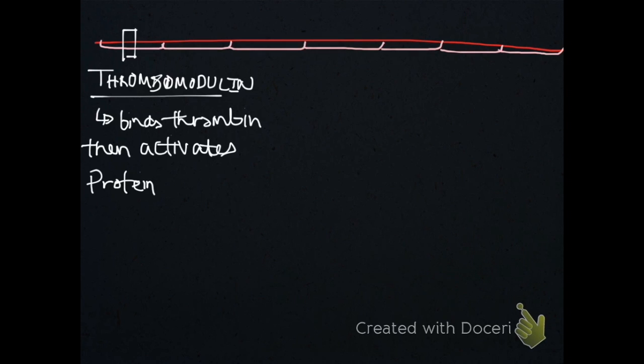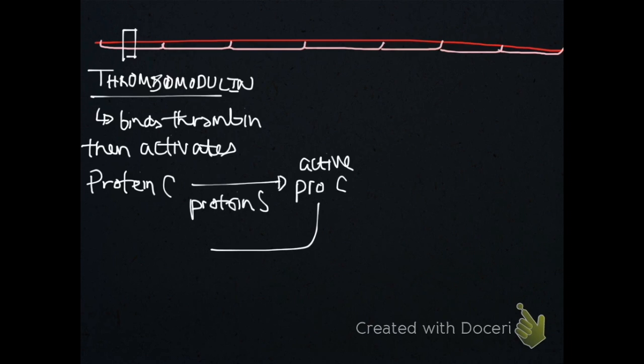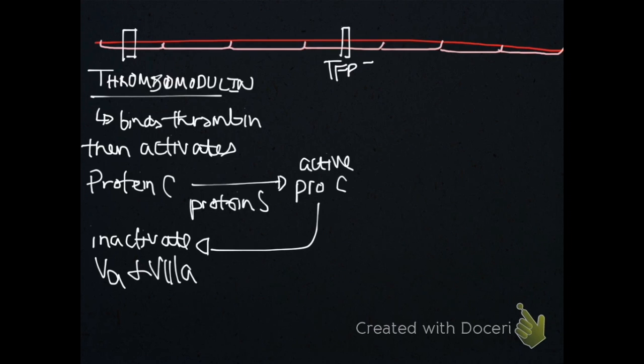When it binds to a normal endothelial surface, it's going to be able to activate protein C, using protein S as our cofactor, and become activated protein C. So thrombin now is functioning as an anticoagulant, and that is going to result in the inactivation of factor 5A and factor 8A, which we saw previously had roles in the coagulation cascade, in the intrinsic as well as the common pathway of coagulation. So this is how thrombin negatively feeds back on itself.